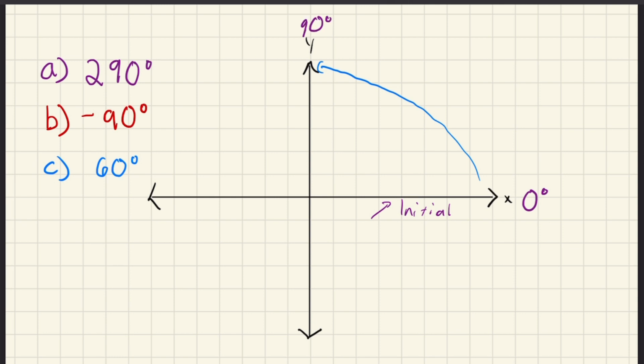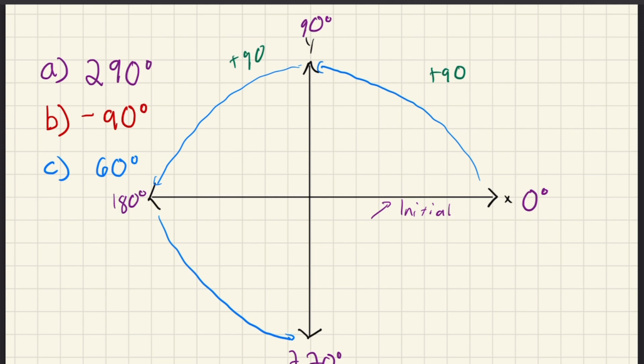And then if we keep going all the way to here, this is now 180 degrees. We keep going all the way here, and then this would be about 270 degrees. And what I want you to understand is we're actually adding 90 each time. So the quadrants are separated really by 90 degrees each time.